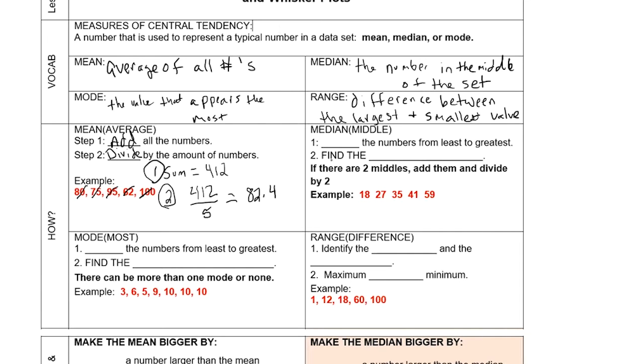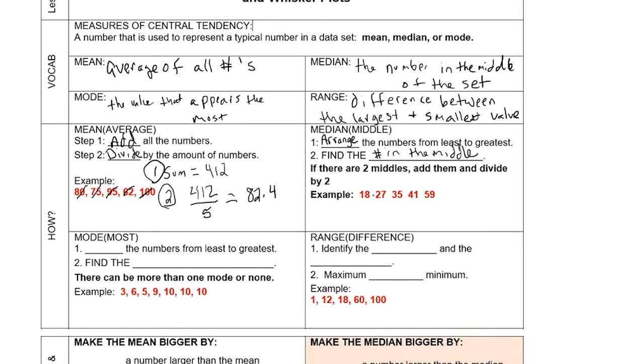Let's find the median. So we need to arrange the numbers from least to greatest, and then find the number in the middle. If there are 2 middles, add them and divide by 2.